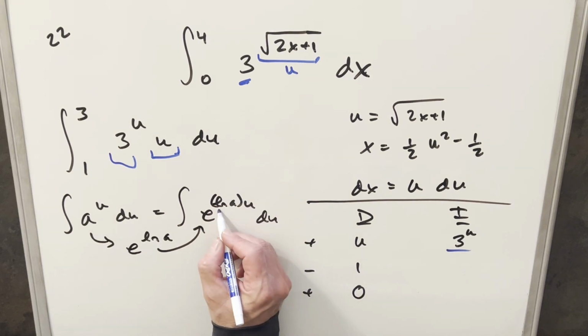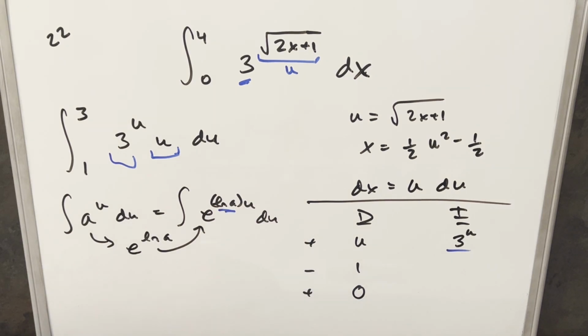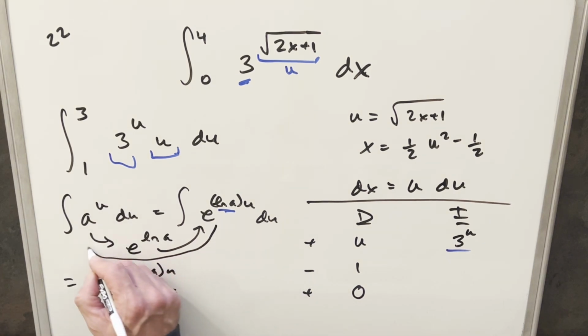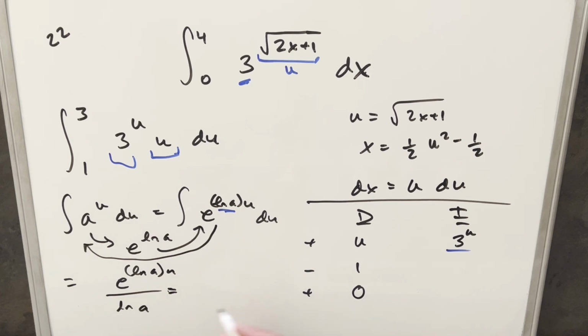In this form, we know how to deal with it because ln a is just some constant value. So when we integrate, we get back e to the ln a times u, but we need to bring out ln a in the denominator. Then we do the same trick in reverse and put it back in this form, just because we like to see it that way. So we can write this as a to the u over ln a.